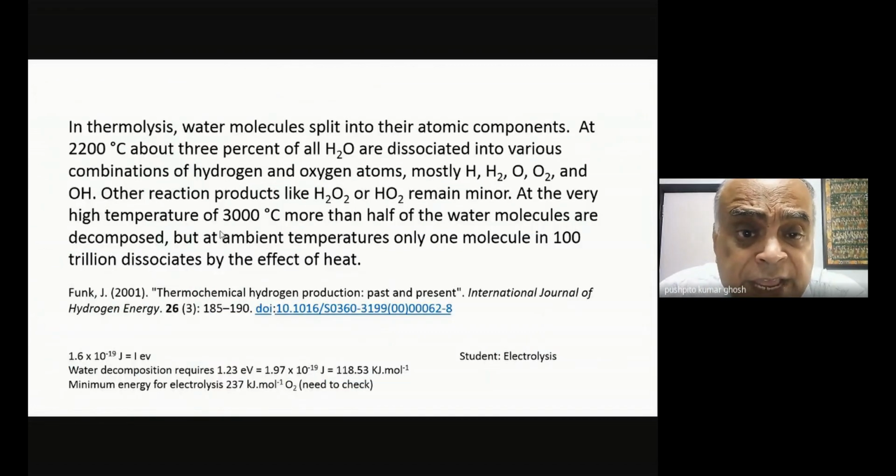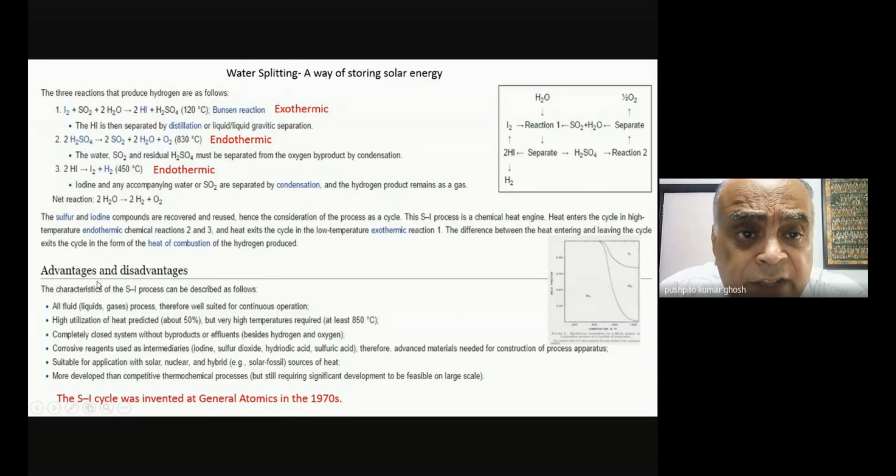Well, see, everywhere it is saying the HI is then separated by distillation or liquid-liquid separation. The water, SO2 and residual H2SO4 must be separated from the oxygen. That's not so easy to do. All of these things are the complexities.